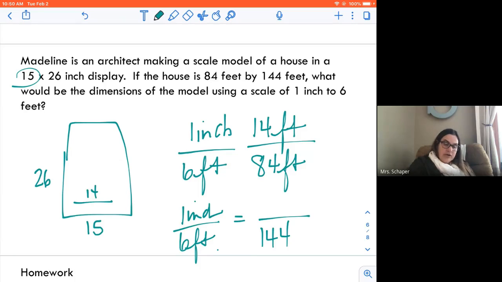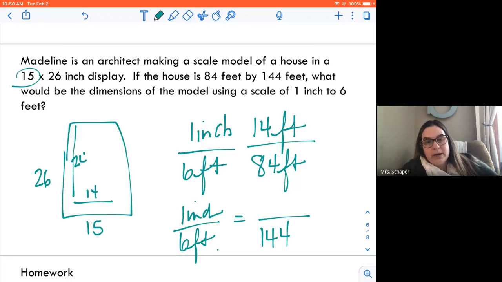It's 24, so that would fit in there. What would be the dimensions of the model using the scale? It's got to fit in this display, which means our measurements have to be less than 15 and 26. So it's going to be a 14 by 24 figure. 14 by 24.